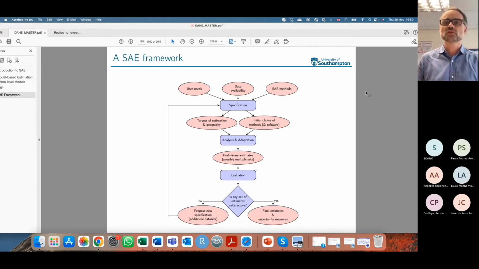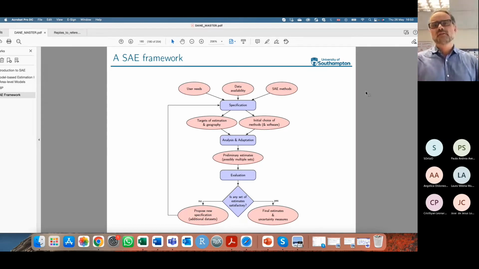Or if you are not, then you have to go back and propose a new specification, potentially using additional data sets, potentially using different methods, and then repeating this process. So that gives you an initial framework for you to think about the production of your statistics.